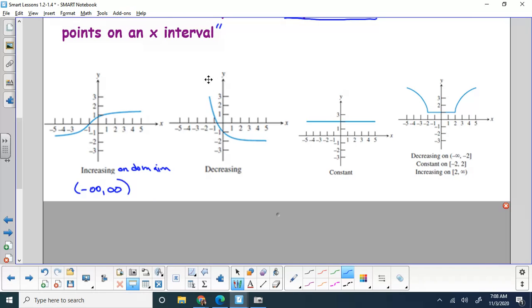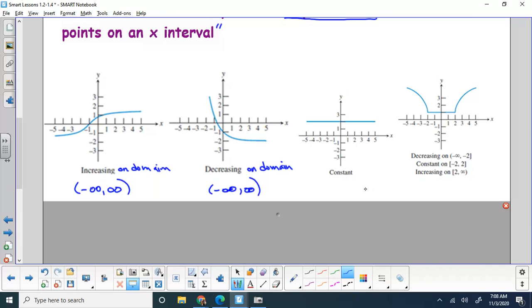The second graph in this line is going to be a decreasing graph. Again, as I trace it, my cursor is always going down. So this is considered to be a decreasing graph. And again, we might say it's decreasing on its domain, or you might say it's decreasing from negative infinity to infinity.